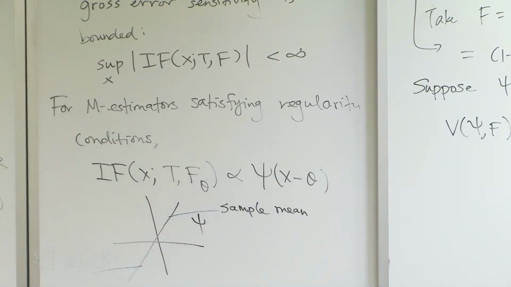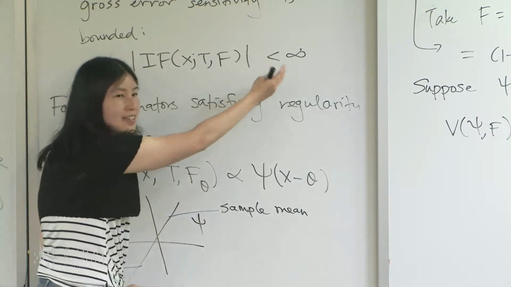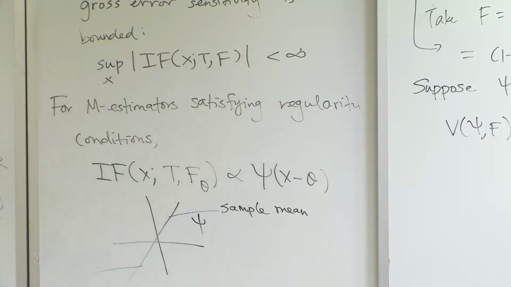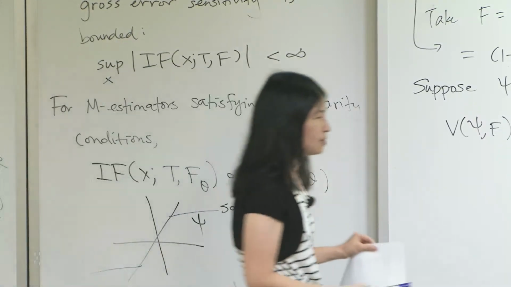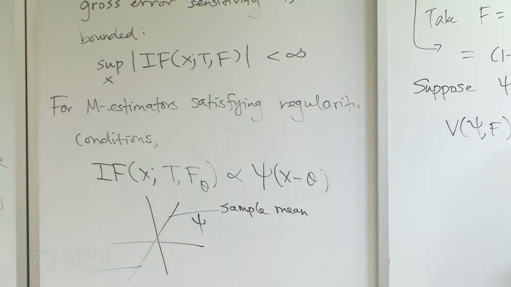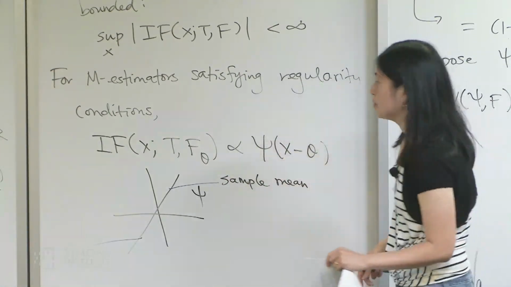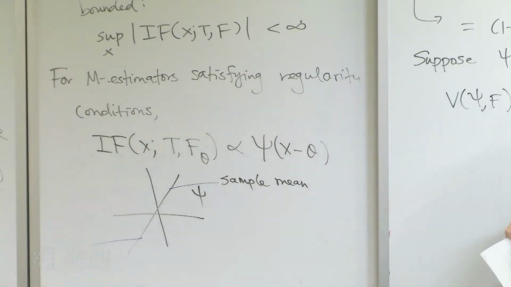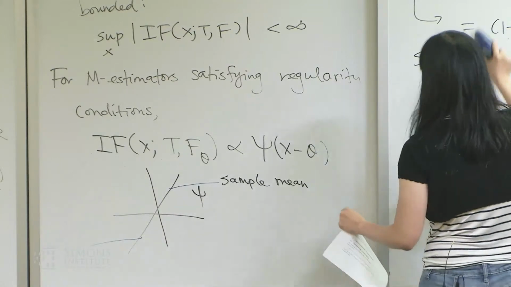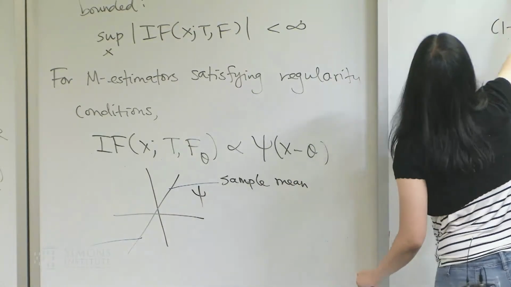So we see that if we're just doing a sample mean, then as you make x go further and further away, the amount of influence it has on the empirical mean gets worse and worse. But Huber stops that at some point. So as a first pass, without going into details, the Huber loss is robust in a way that the sample mean is not. And furthermore, and this I won't go into, the Huber loss is actually also optimal under this sort of framework.